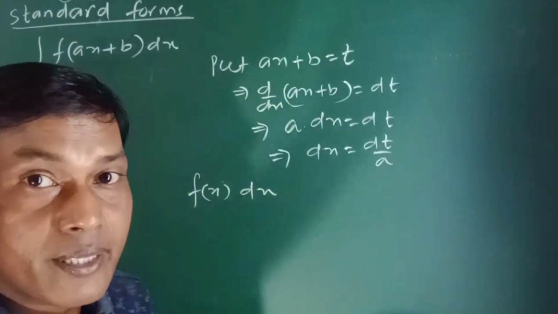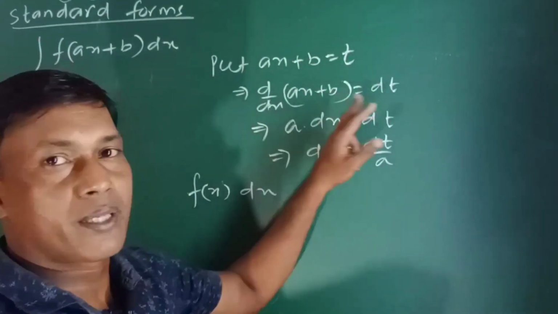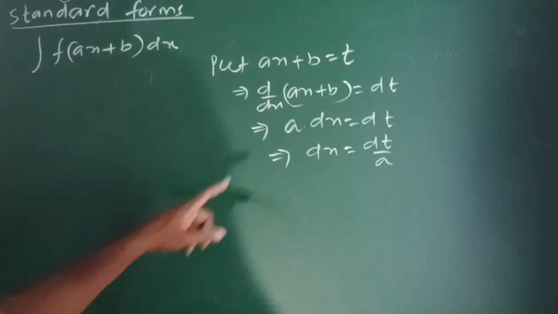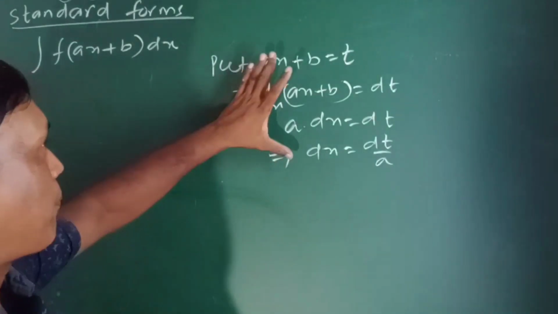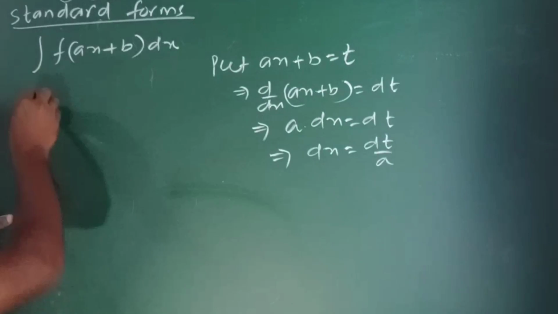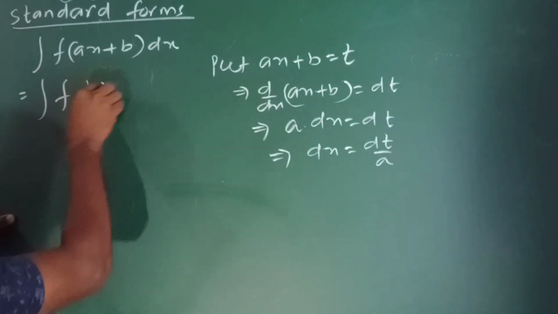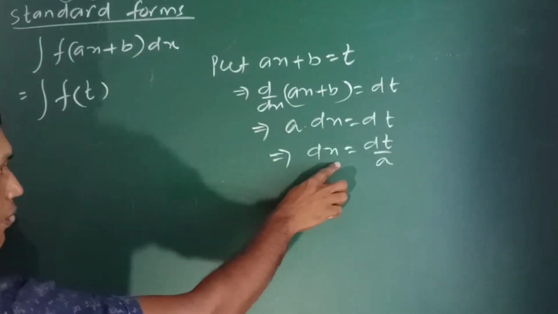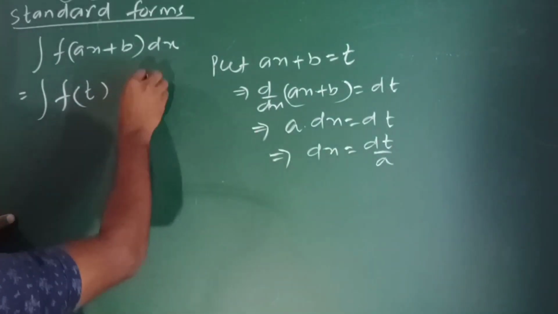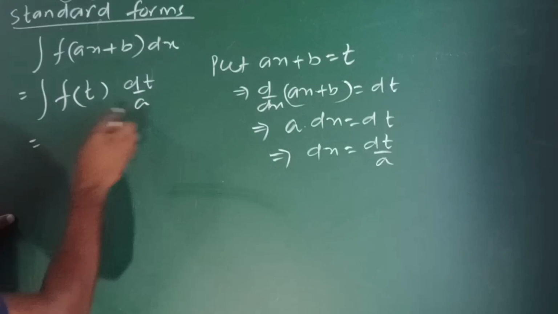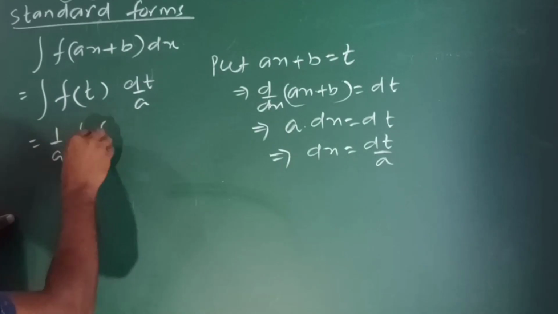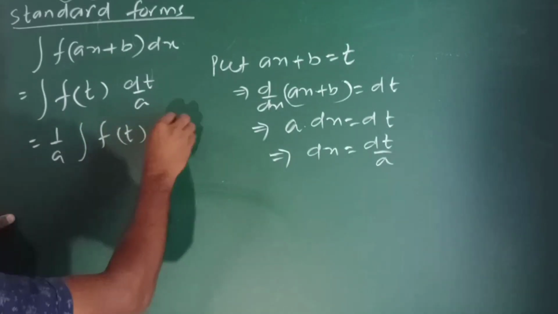I have already said substitute, differentiate, find dx. Now after substitution, come to the main problem. Here is integration of f of t, and dx we have already found. dx is dt by a, and this a is constant, so 1 by a into integration of f of t dt.